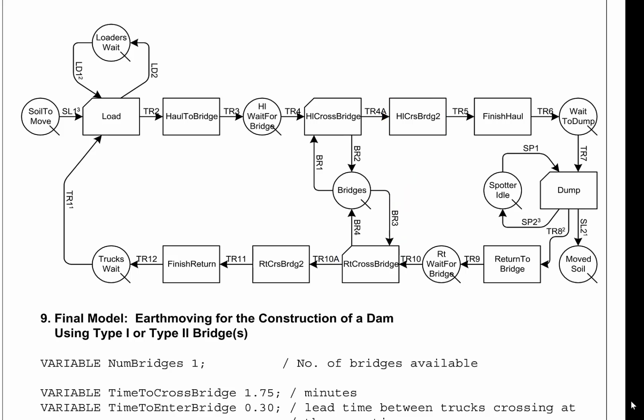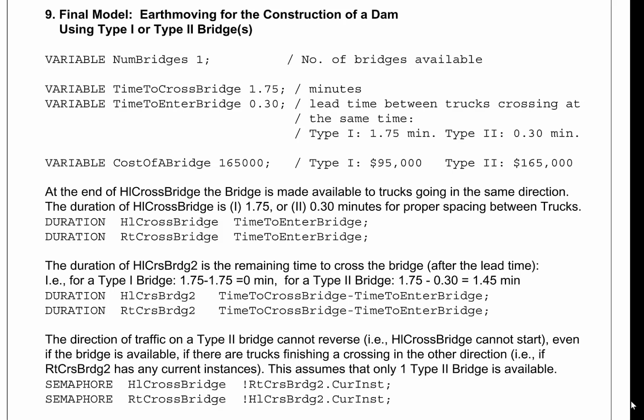The network itself does not show how this is prevented. For that, we have to look at the model statements.